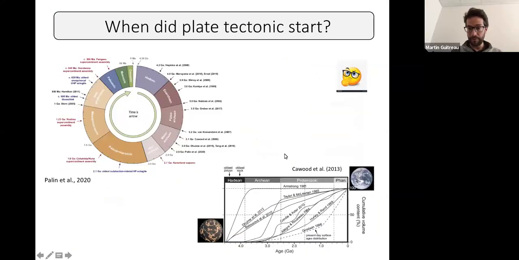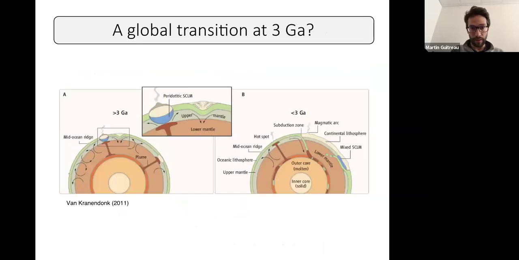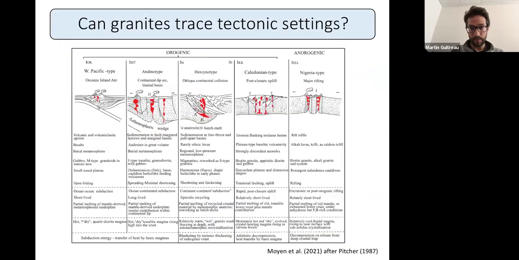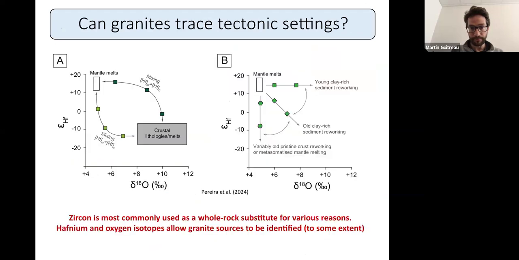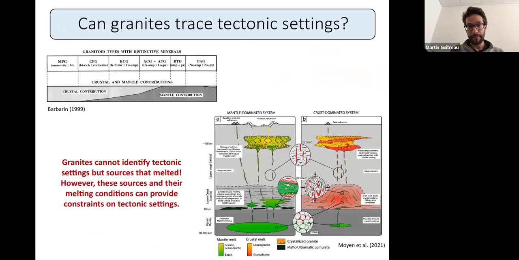If I go back really briefly to these models, we essentially use hafnium and oxygen as proxies for crustal extraction. But what we're really doing is saying either you rework crust or you add new crust to the existing crust.